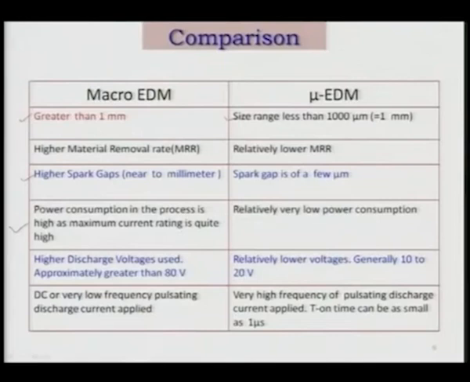DC or very low frequency pulsating discharge current is applied in macro EDM, while a very high frequency of pulsating discharge current is applied in micro EDM, and the T on time can be as small as 1 microsecond. So, we can clearly see there is basically a scaling down or scaling difference between macro EDM and micro EDM.